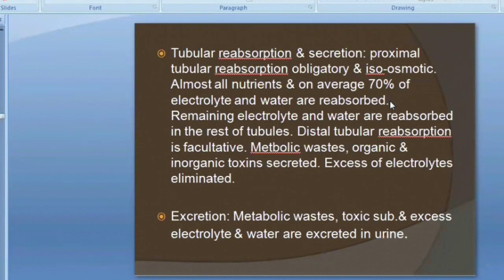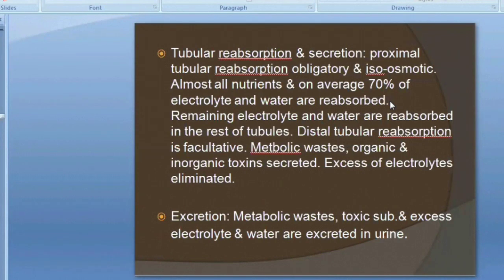Regarding the nutrients, yes, nutrients are reabsorbed completely. Nutrients such as glucose, amino acids, vitamins, then bicarbonate are almost 100% reabsorbed.